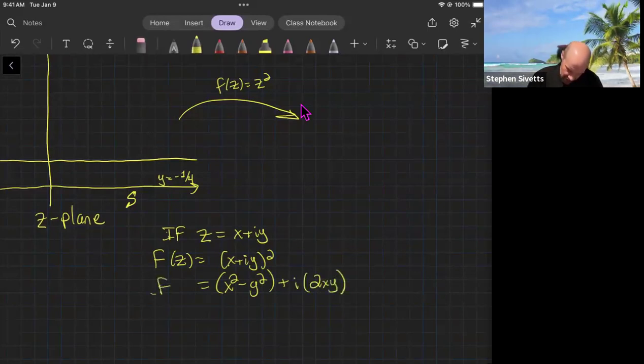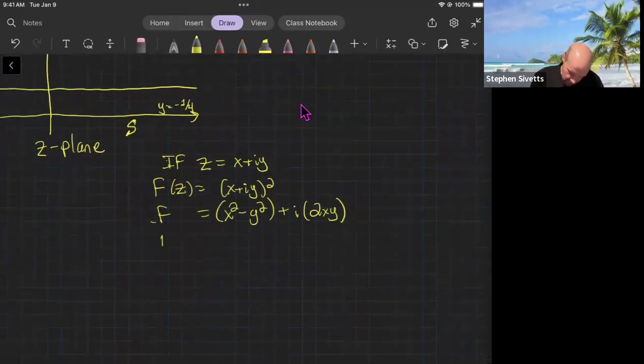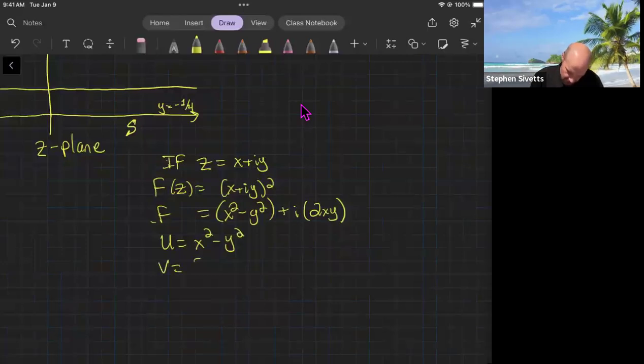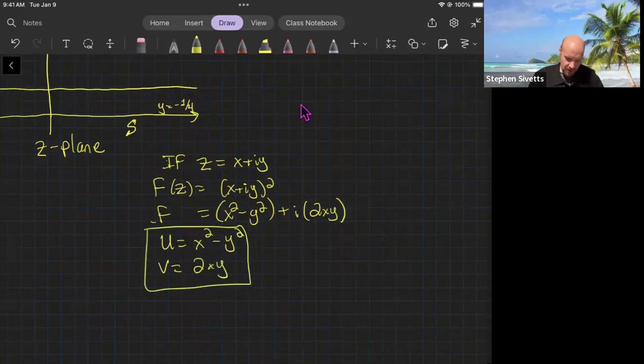So the real component u is x squared minus y squared, and v is equal to 2xy. This is the function in terms of its real and imaginary components. This is another way to figure out what the image of a set would look like: just write out z as x plus iy and separate it into its real and imaginary components.